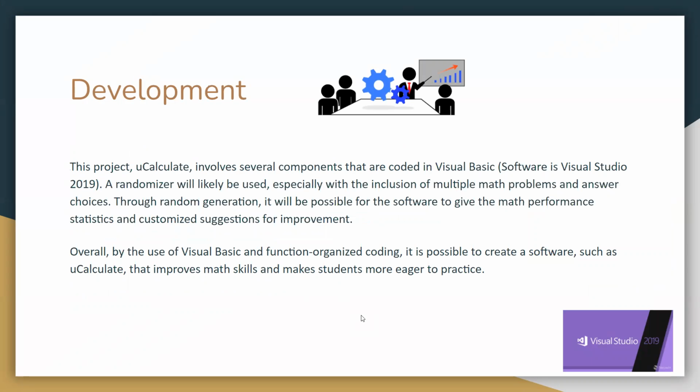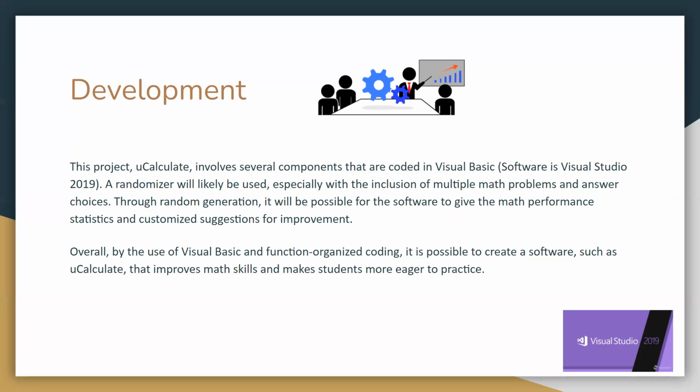Now, UCalculate involves several components that are primarily coded in Visual Basic, which is a software in Visual Studio 2019. A randomizer will most likely be used, including multiple math problems and answer choices. Randomly generated, these problems will make it possible for the software to give the math performance statistics and customized suggestions for the user's improvement.